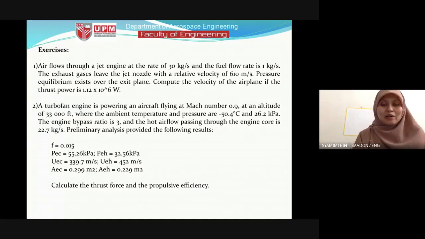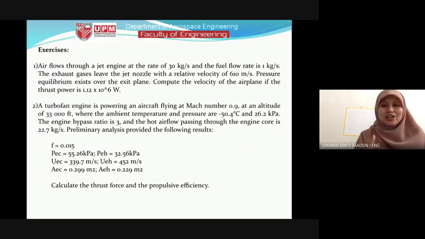So this is a kind of direct question, you just have to substitute all the values in the formula, but with a bit of reformulation, you have to change the formula a bit, but it's still easy. But here, the question gives you power instead of force in Newton.